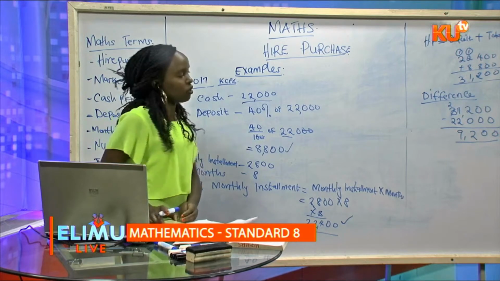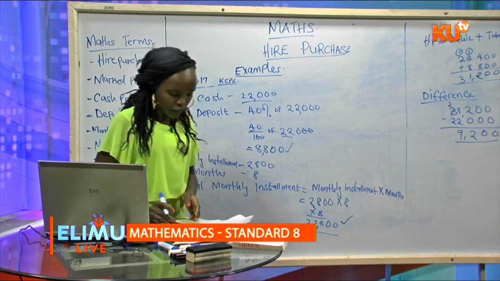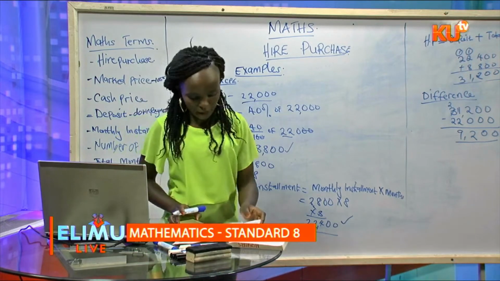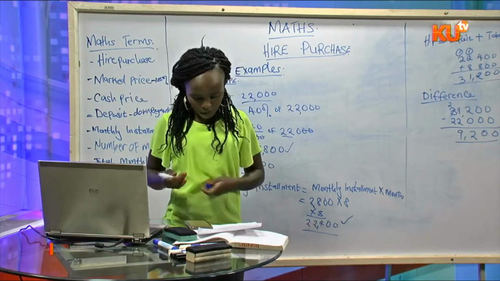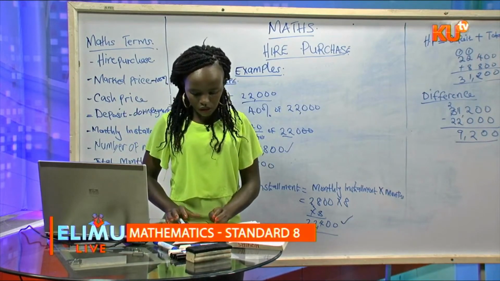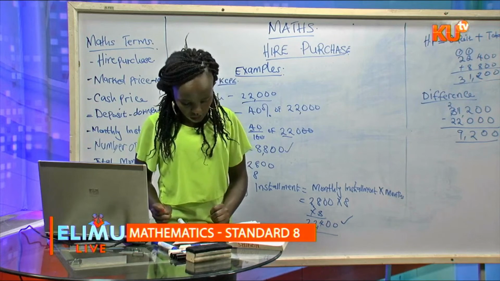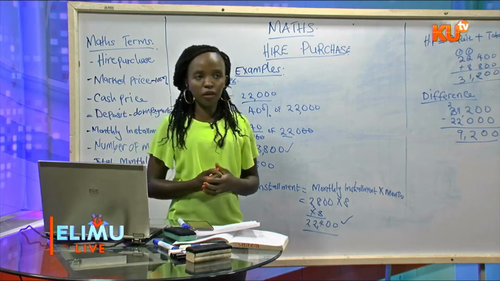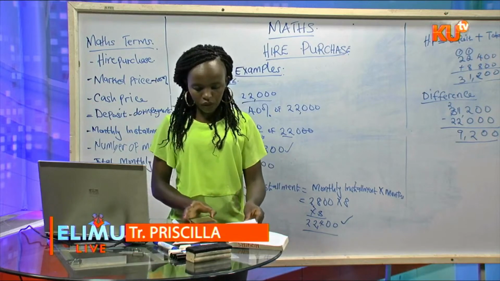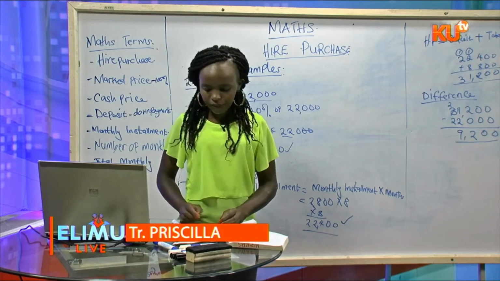Go and check questions KCPE 2015, 2014, and 2013. Try and solve them, or even the other years. Try and work out the KCPE questions and find out what these people ask or what you are supposed to do. I believe you are ready.